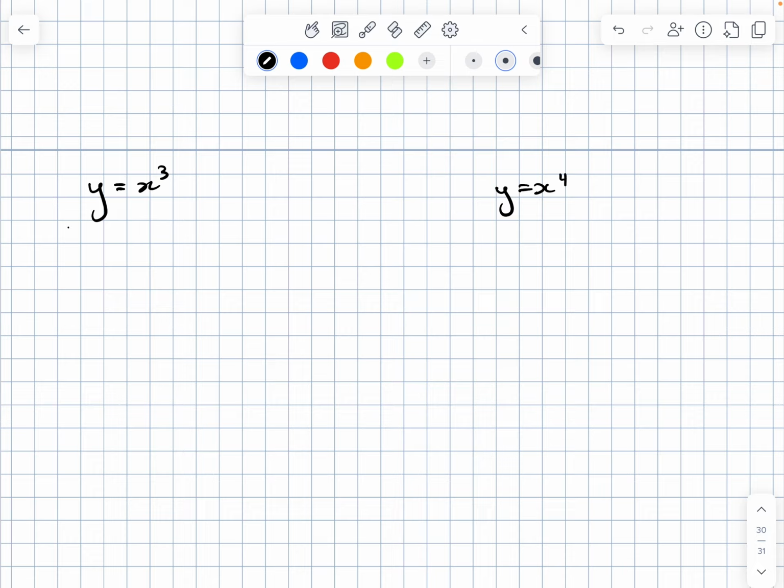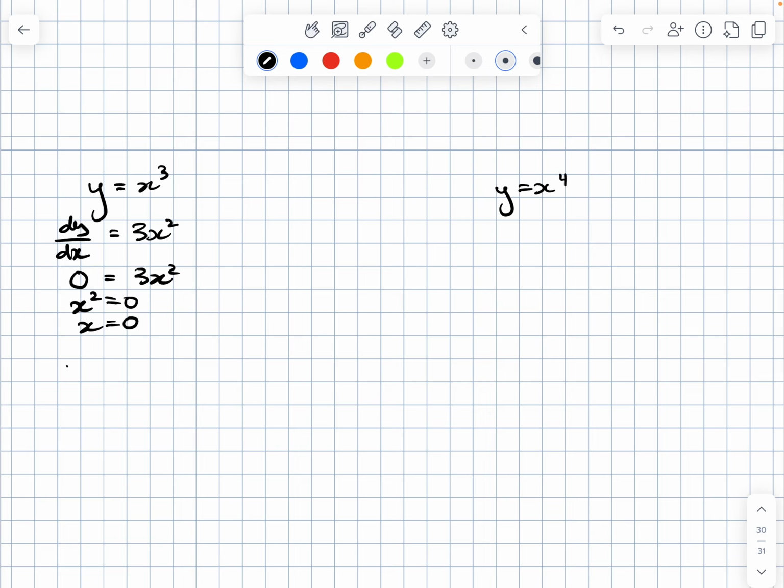If we differentiate x to the power 3, we get 3x to the power 2. If you're asked to find the stationary points, we make that equal to 0, which means x squared equals 0, which means x equals 0.